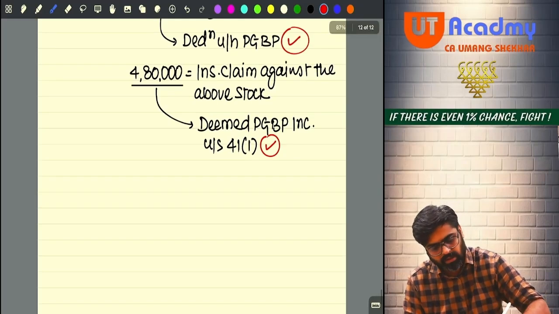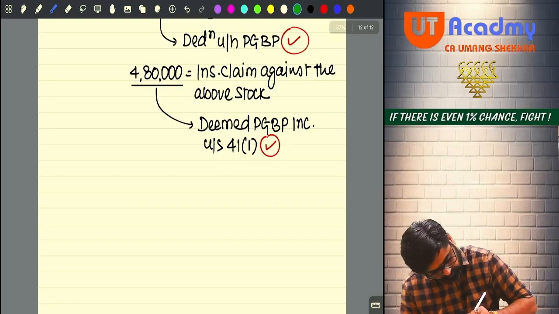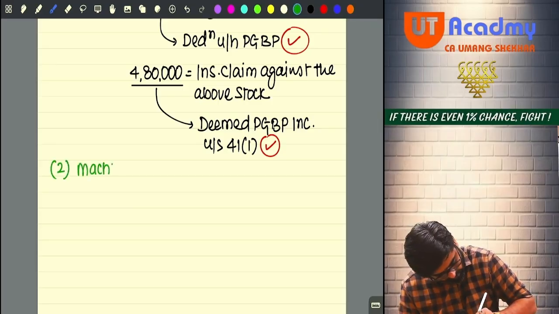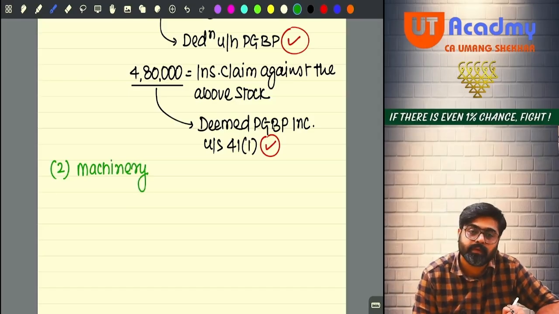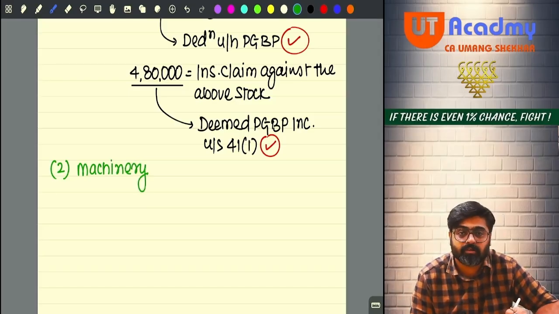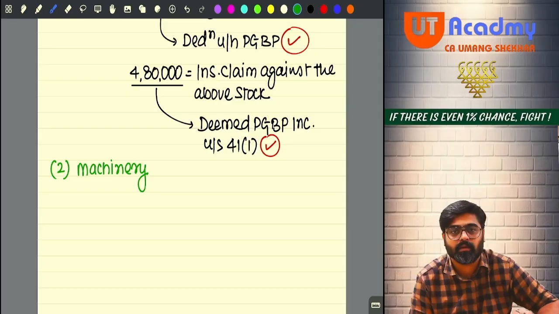Now, the second thing was machinery of the business. The machinery which was a depreciable asset of the business, even that machinery was lost by fire.